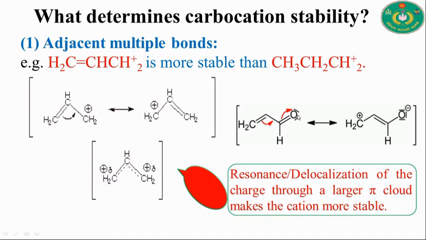As a result, a negative charge is created on the oxygen atom, and after the pi electrons move to the oxygen atom, the carbon bears a positive charge. Here we see that the movement of positive charge has taken place, so we can say that delocalization or resonance has taken place. So this ion will be more stable than an ion which contains no pi bonds.